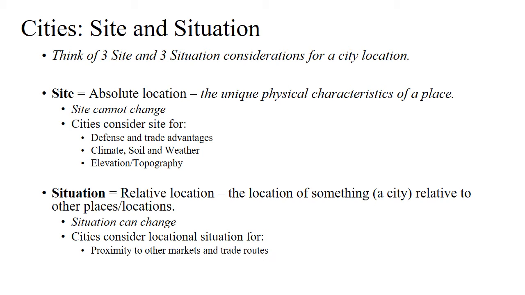Today we would think of trade routes like railways, freeways, ports, and so on. Maybe its proximity to resources like agricultural products, water sources, energy sources might all be considered as a city is founded or as you try to sustain it in the future. Where are you going to get these things from?